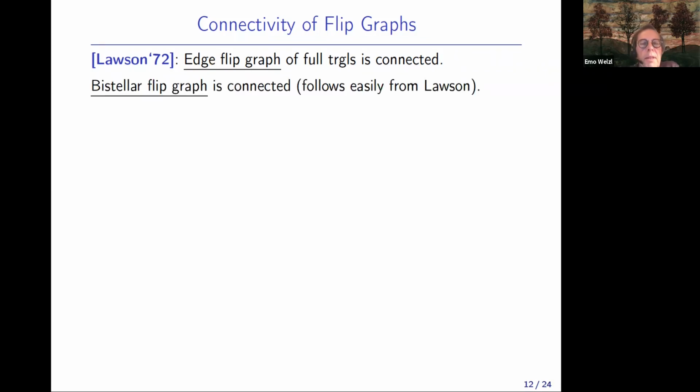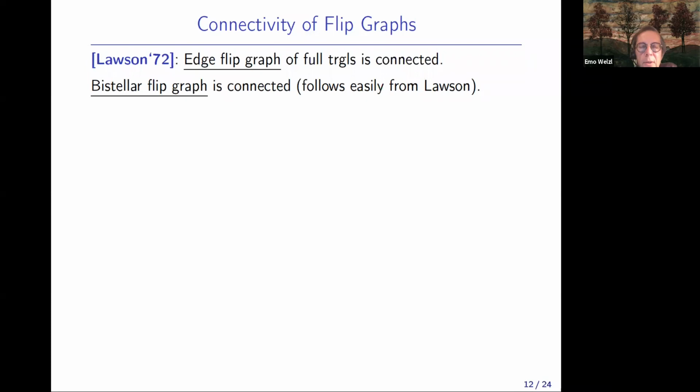It follows immediately that the bistellar flip graph is connected. That follows from the result above. Just imagine you have two partial triangulations of a given point set. If they're both full triangulations, then we can just use Lawson and connect them by a path.